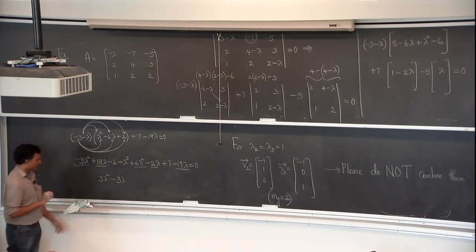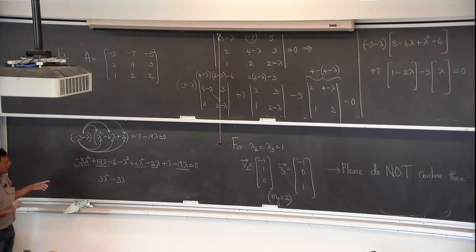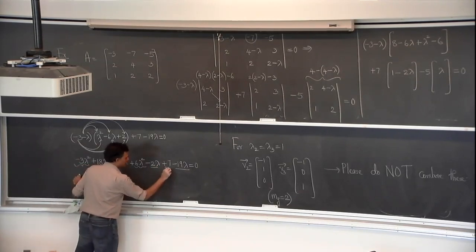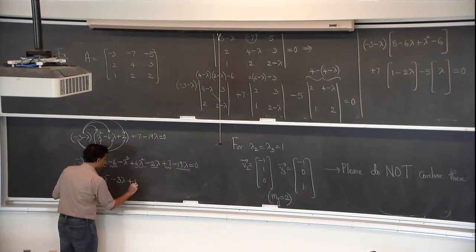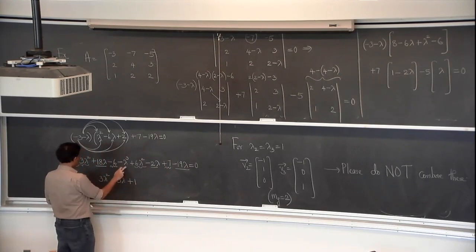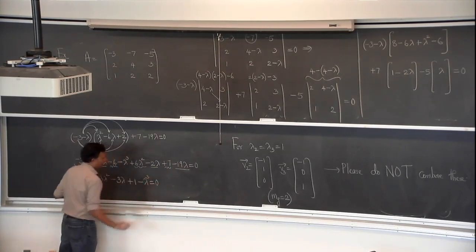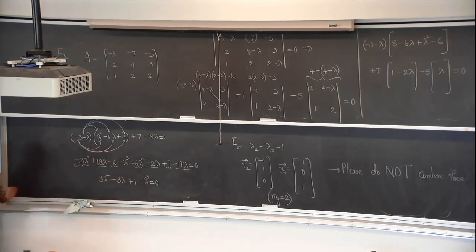The constant terms are -6 and +7, that's +1. And then you have a minus lambda to the power of 3 equal to 0. Right now the terms are all jumbled up.